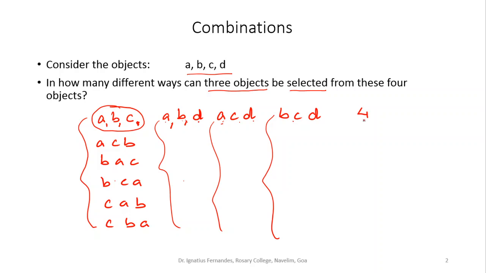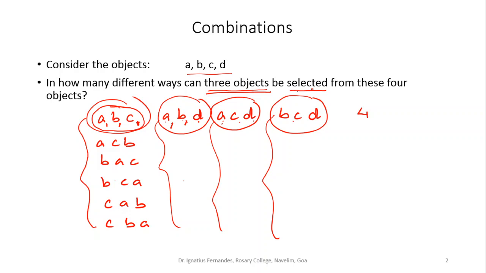So there are only 4 ways I can select 3 objects from these 4 objects A, B, C, D, irrespective of what order those objects are selected.